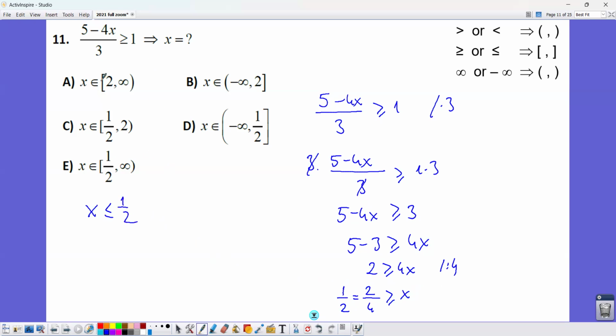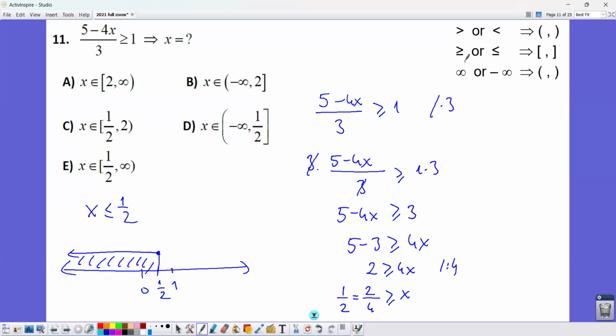But in the answers, it's not given as an inequality, it's given as an interval. So how will you find this? This is the number line: 0, 1, 1 over 2. x less than 1 over 2 means all the values that are less than 1 over 2, so it goes to negative infinity. And when you have equality here, guys, it means that 1 over 2 is included.